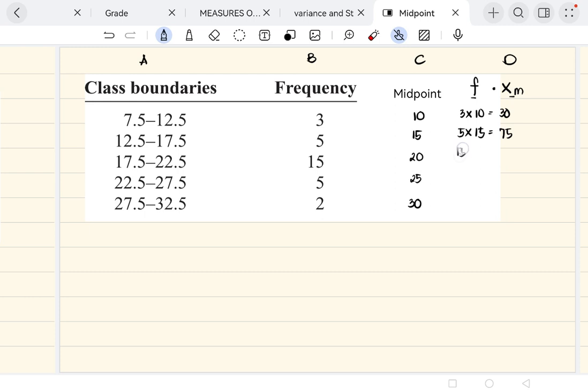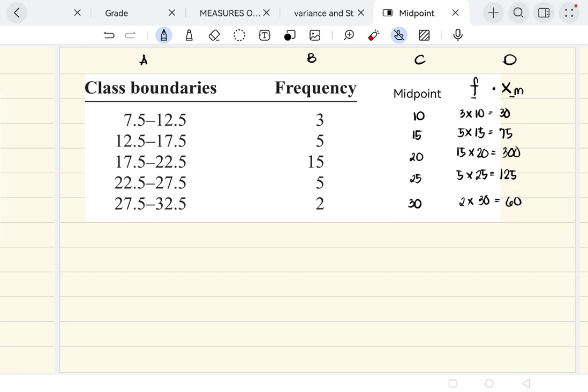Next is 15 times 20, that is 300. Next, 5 times 25, that is 125. And the last one is 2 times 30, that is 60.